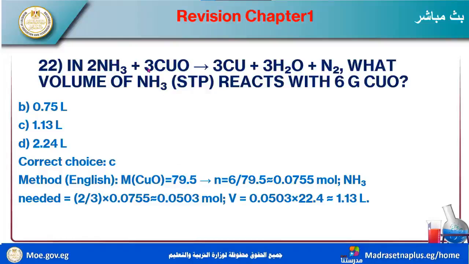In the standard equation we have 2 moles of ammonia gas. Now you apply the cross multiplication. The volume equals 0.13 liters. Now this is the true answer in this equation.